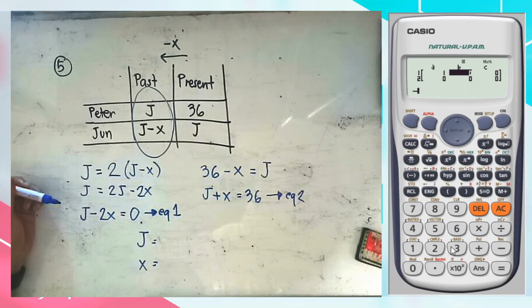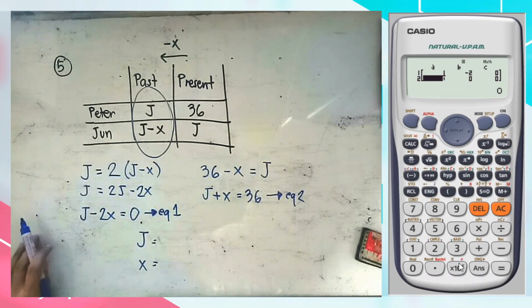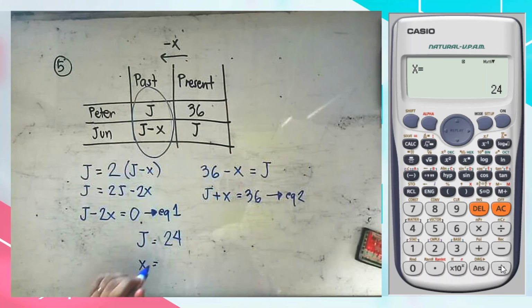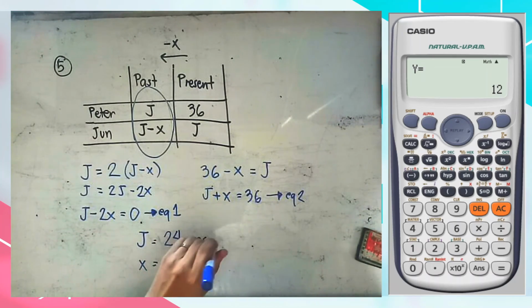And then, ito naman is 1, 1, 36. So, bibigay sa atin yung age ni June, which is J is equal daw sa 24, and then ilang taon lumipas yon, so that is 12 years ago. Okay, so therefore, ito na yon, 12 years old.